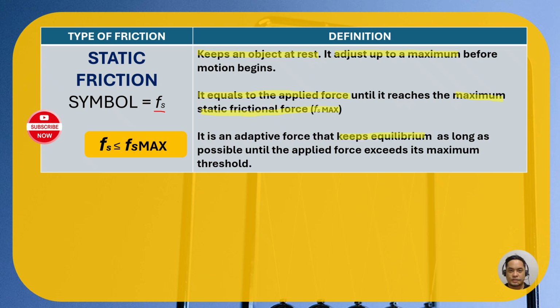Whatever the applied force, that's the same static friction, because they are just equal. It always equals the applied force until it reaches the maximum threshold. And that's all about static friction.